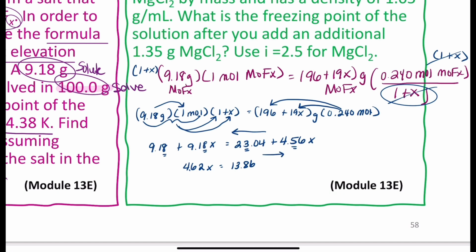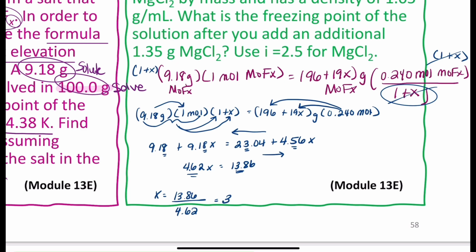Okay. 9.18 minus 4.56x gave me this. 23.04 minus 9.18 gave me this. Now I can solve for x. X is, let's see, 13.86 divided by 4.62 gives me a value of 3.